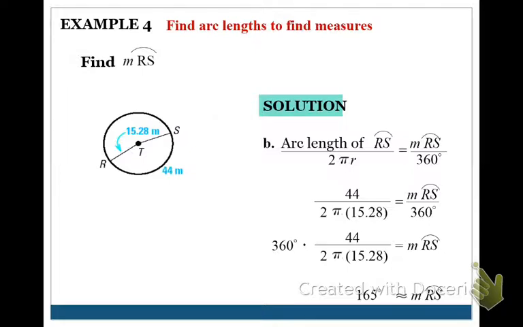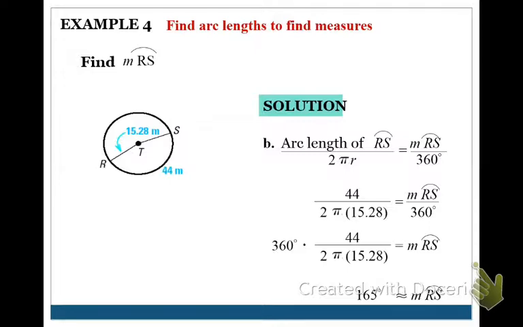Did you take 360 times 44 before you divided by that? You did it differently than that, though. No, I just had the 360 times 44 on top. I just had 360 here, but it's the same thing.